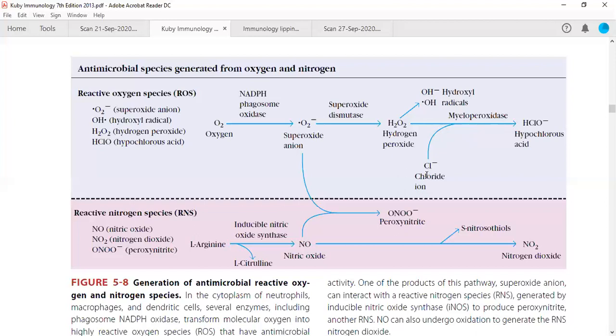So if a halide, for example chloride, chlorine, bromine, iodine, something will come with a negative charge in the presence of another enzyme, myeloperoxidase, this hydrogen peroxide can be converted into a microbicidal or bactericidal compound. This is very toxic. So if chlorine comes, Cl negative, it will be converted into hypochlorous acid.